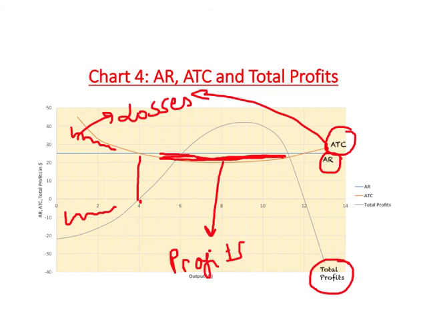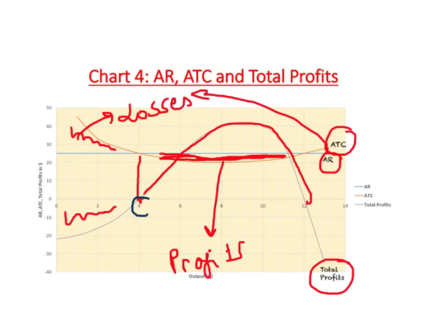From output of 4 to output of 12, the total profits is a positive number, so we know this. Now let us calculate total cost based on this ATC curve, and total revenue from this AR curve, and so on.